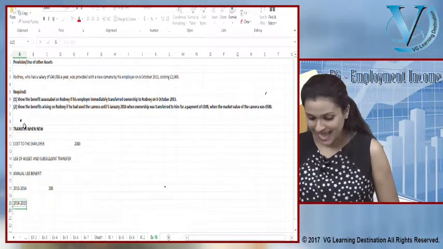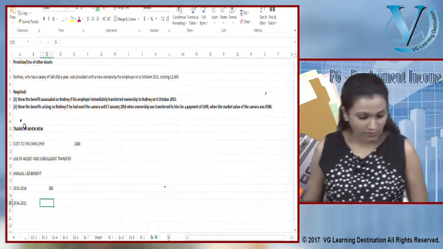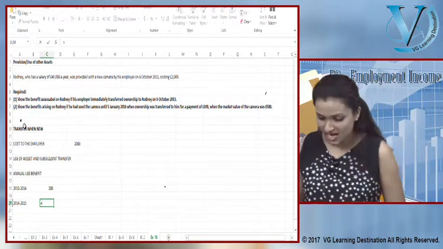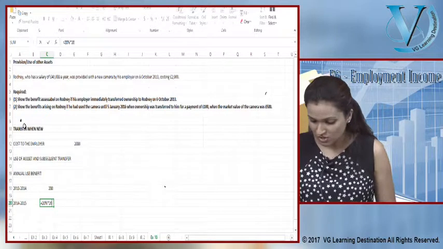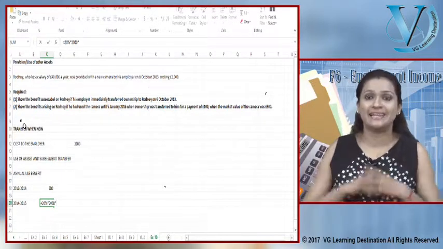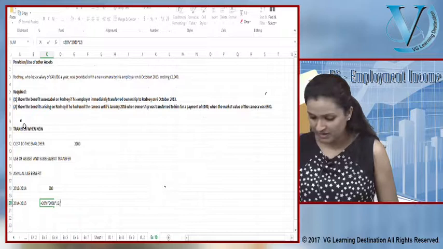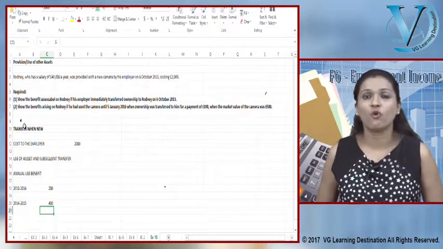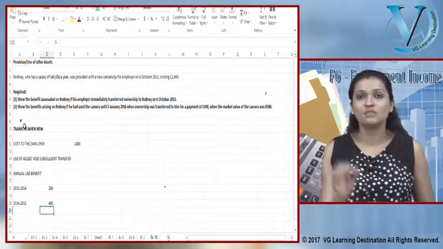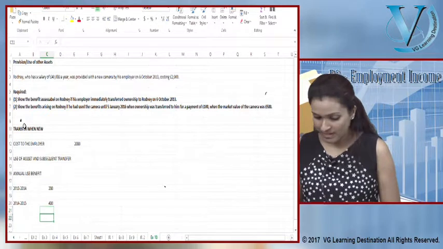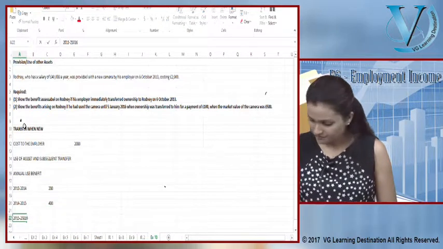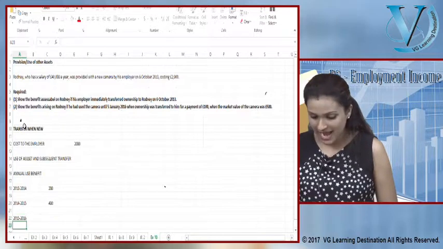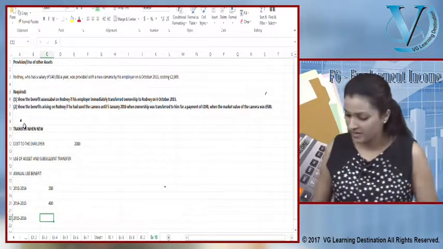Similarly, what happens in 2014-15? Again, you've used this asset. How much is it going to be? You're going to charge 20% of the market value, which is £2,000. You've used the asset for the entire 12 months. So 12 divided by 12 comes out to be £400 as the annual use benefit that you have to pay. What about 2015-16? What is the annual use benefit that you have to pay on it?